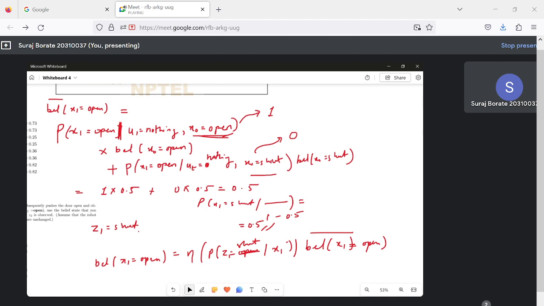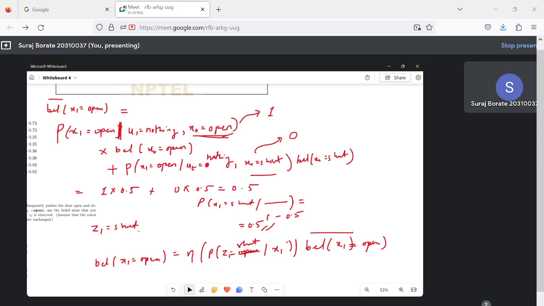If you take eta common, what you will get? 0.2 plus 0.9 into 0.5, that is eta, so 0.65. Today there is no one to correct my calculations.